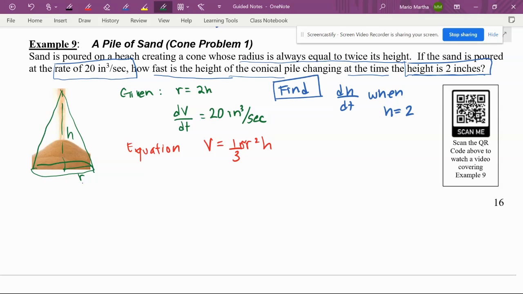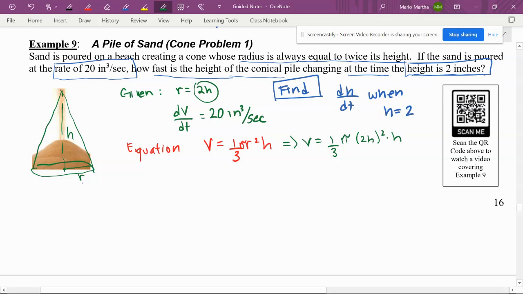Since we know R is equal to 2H, I'm going to substitute R squared with (2H) squared. So in this case, we have V equals 1/3 pi (2H) squared times H.